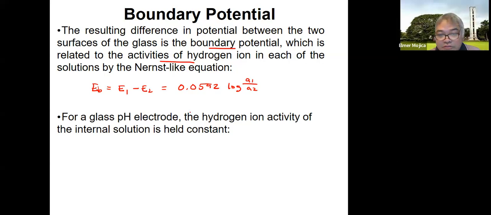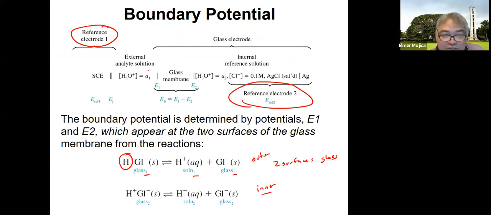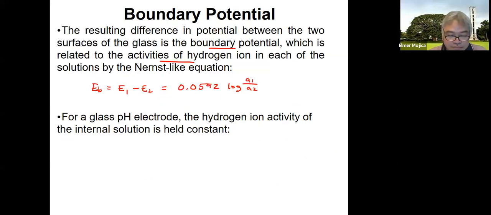Where is this activity 1, activity 2? If you look at the cell notation, this is activity 1, this is activity 2. A1 is the activity of the analyte solution, and A2 is that of the internal solution.